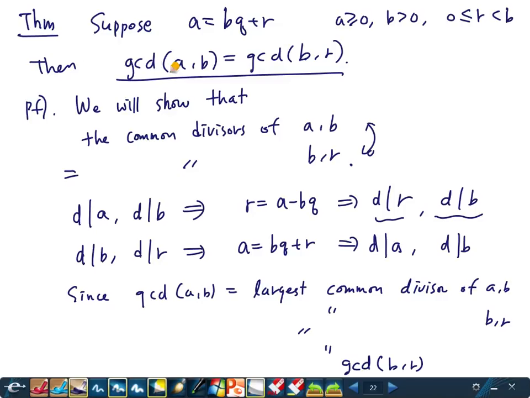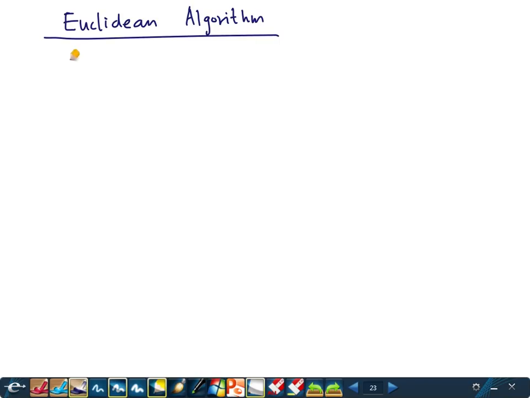Okay? So let me give you the precise algorithm. This is basically the Euclidean algorithm. The idea is to decrease the numbers by using that theorem. A very efficient way to compute GCD.